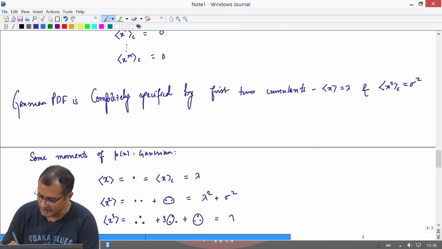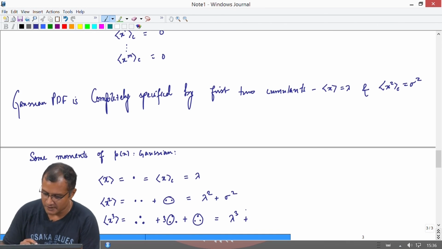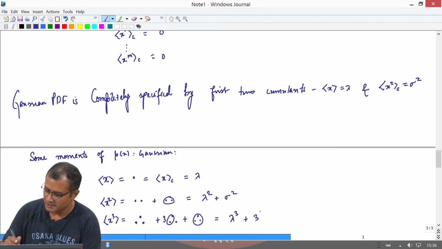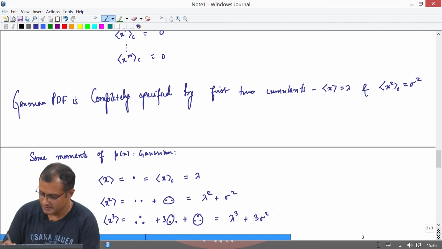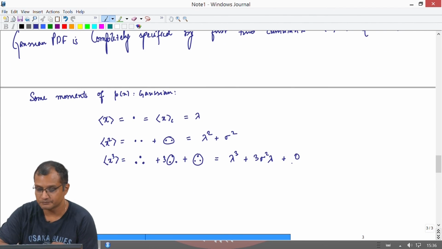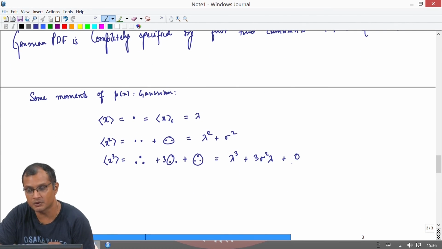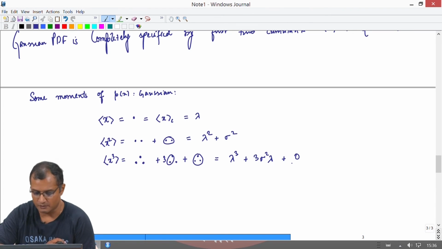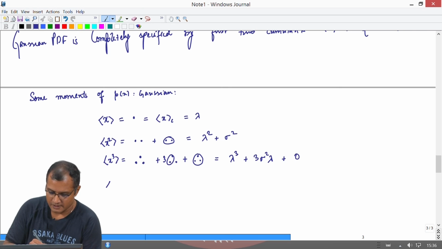So that is lambda cube plus 3 times the second cumulant sigma square into lambda, plus you have a third cumulant, which is 0. We have just shown that the cumulants above order 2 are all 0.